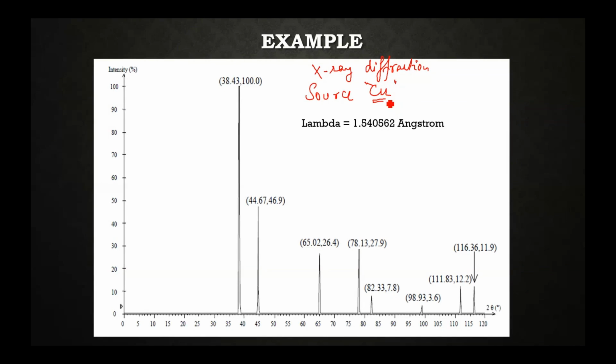Copper X-rays that are being used for X-ray diffraction have a fixed lambda, and the value of lambda is 1.540562 angstrom. What is angstrom? It is 10 raised to the power minus 10 meters. So this is the lambda of X-ray that is being used.